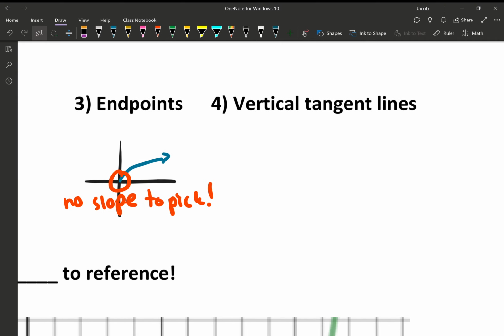And then vertical tangent lines is our last example where we cannot have a tangent line.